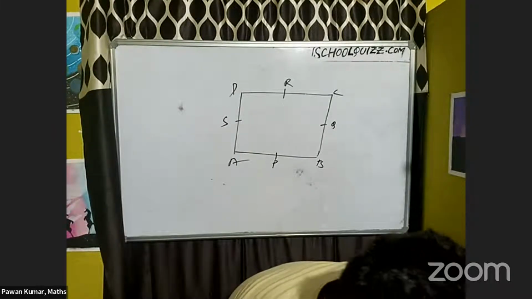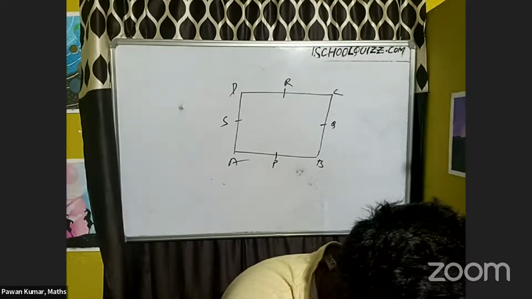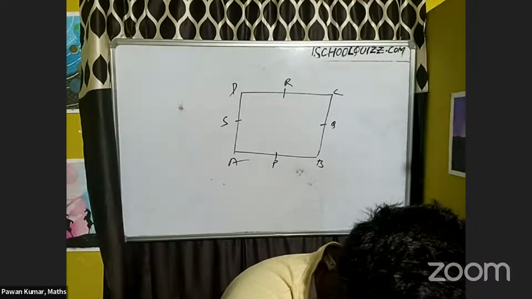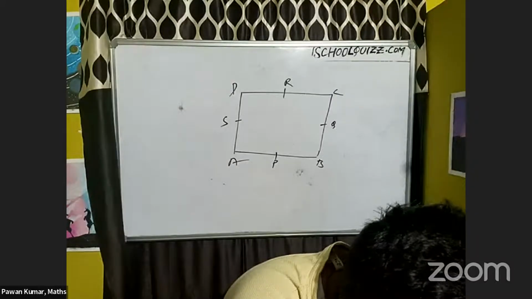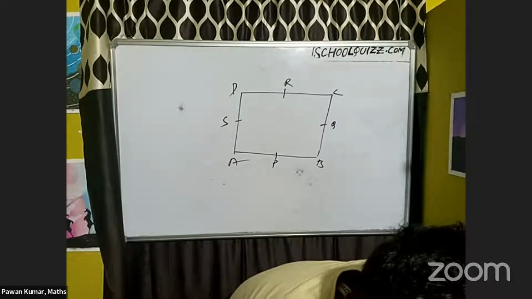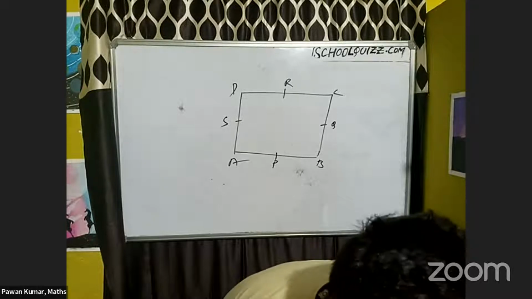ABCD is a quadrilateral in which P, Q, R, S are the midpoints of the sides AB, BC, CD and DA. Show that SR is parallel to AC, and SR is half of AC.